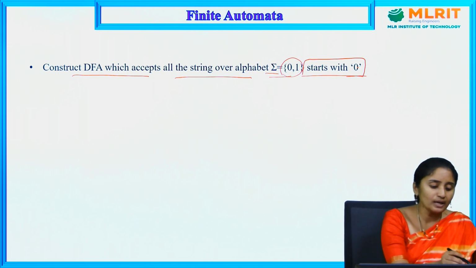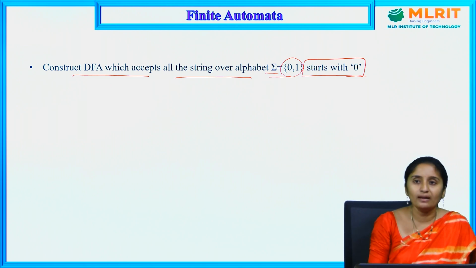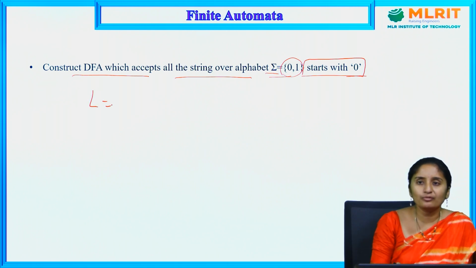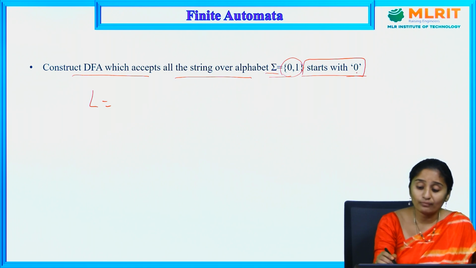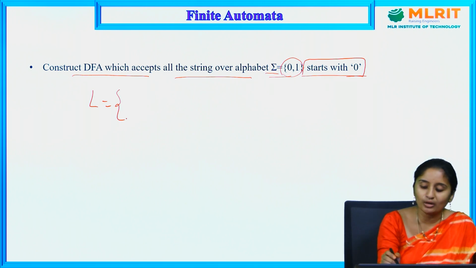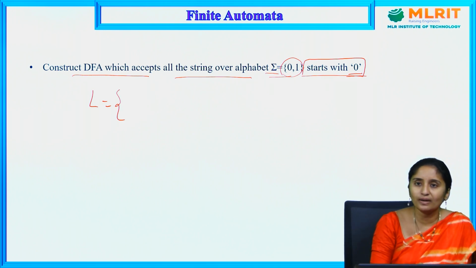To do that, first we need to construct a language. Language is nothing but a collection of strings. The strings should start with 0. The input symbols are 0 and 1, but my condition is that it should start with 0.